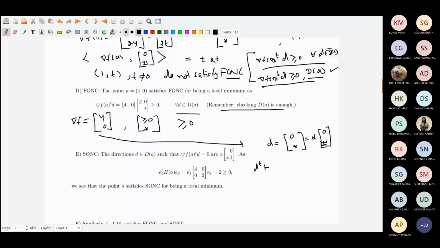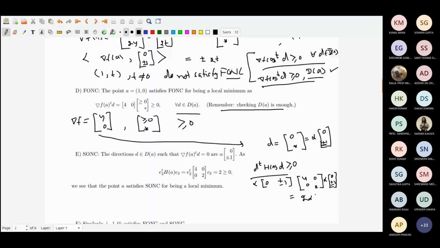Yes, because if I take alpha times 0 plus minus 1, and then HA was 4 0 0 2, and then again alpha times 0 plus minus 1, what I get is 2 alpha square, which is always greater than or equal to 0.